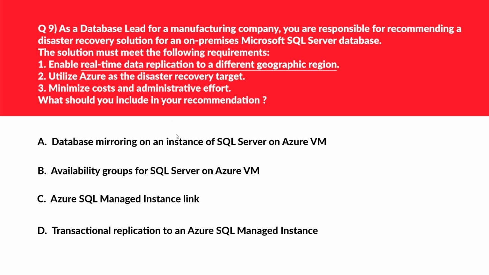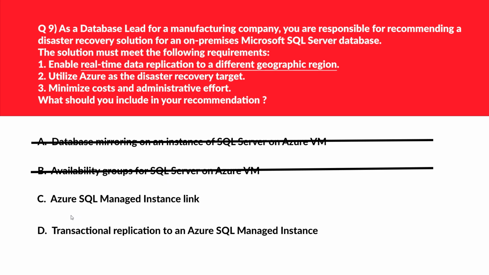Database mirroring on an instance of SQL Server on Azure virtual machines involves higher administrative effort. That's why option A is wrong. Let's move to B. B says availability groups for SQL Server on Azure VM. Availability groups for SQL Server on Azure virtual machines can be complex to manage and may not minimize cost. Therefore, B is also out.